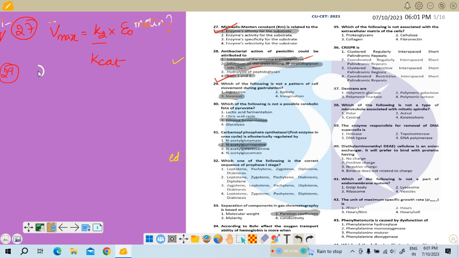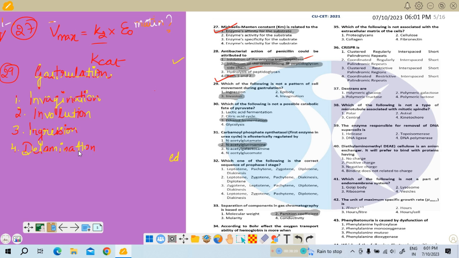So here in gastrulation, we have the sequence as invagination, then involution, ingression, delamination, epiboly.